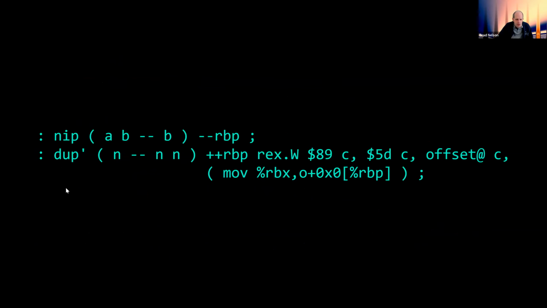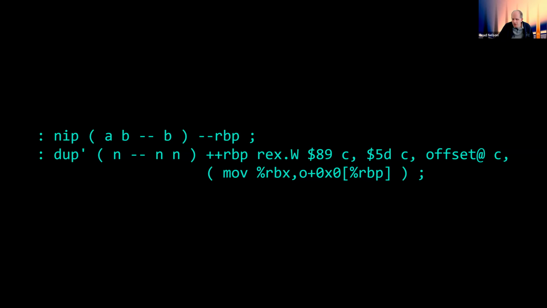For example, in this implementation of dupe, and I've called it dupe tick because I don't want to clash with dupe, which is used a little bit in the assembler, so I avoid it. So I'm incrementing the stack pointer, but not really incrementing it.